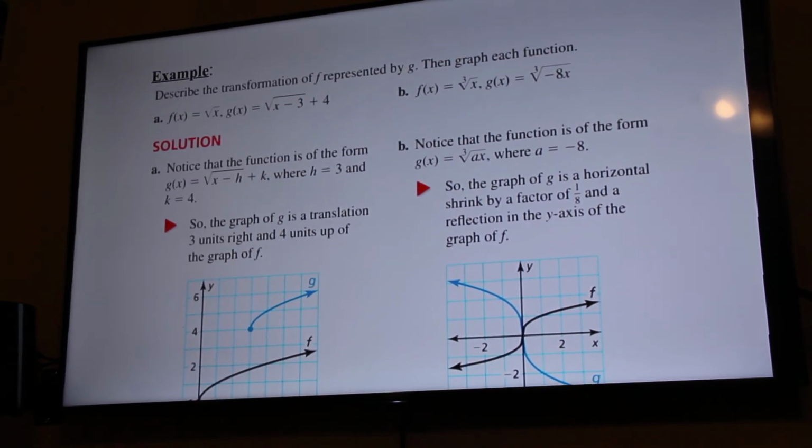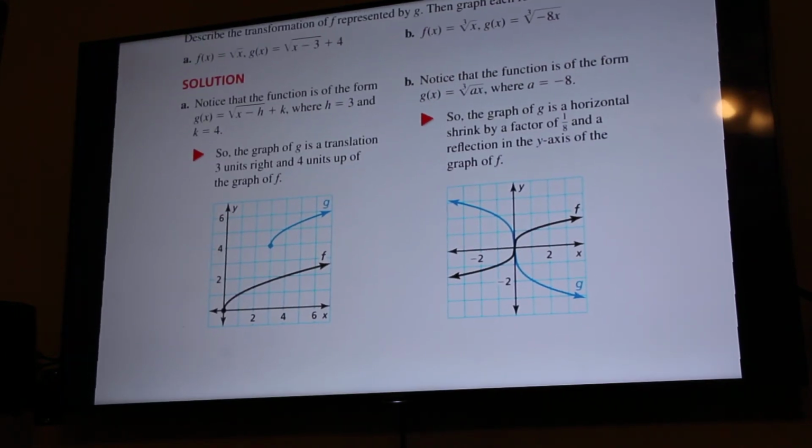Remember, the x minus 3, right here, means it moves 3 units to the right. Let me go ahead and move this up a little bit real quick. So it moves 3 units to the right.